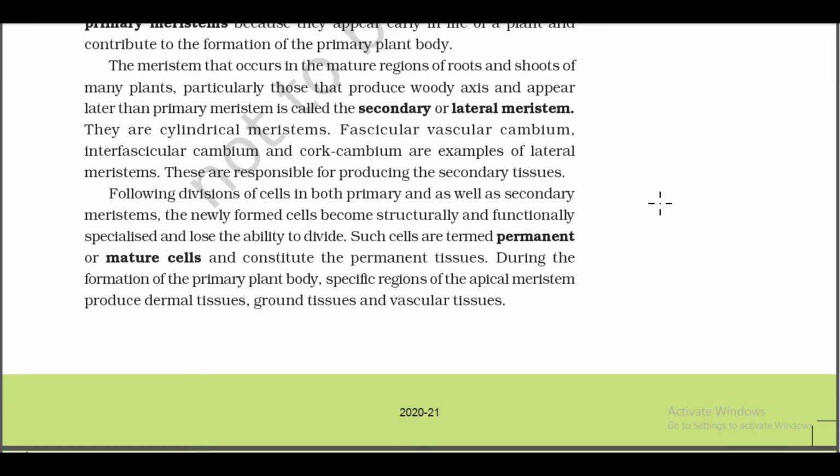The meristem that occurs in the mature region of roots and shoots of many plants, particularly those that produce woody axis, and appears later than primary meristem, is called the secondary or lateral meristem. They are cylindrical meristems. Fascicular vascular cambium, interfascicular cambium and cork cambium are examples of lateral meristems. These are responsible for producing the secondary tissues.